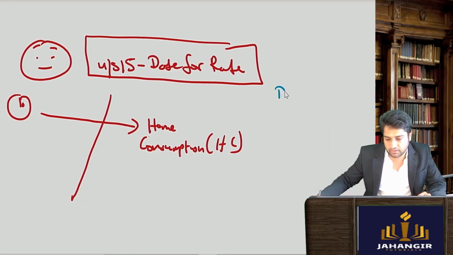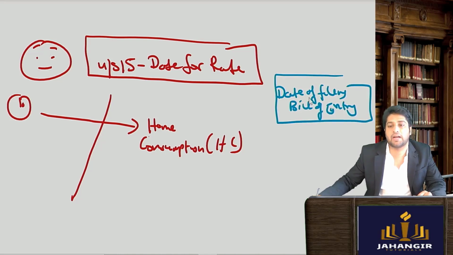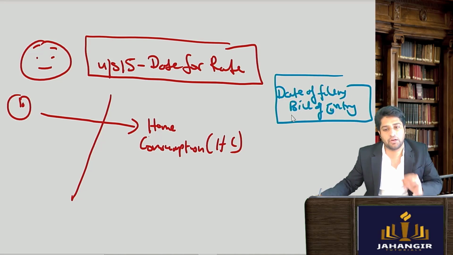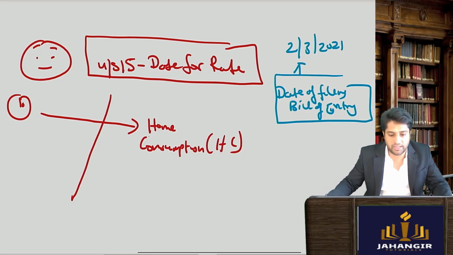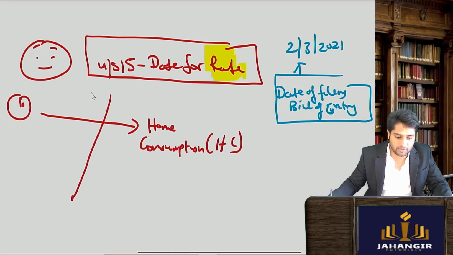the date of filing the bill of entry. The rate applicable on the date of filing the bill of entry, say it was 2 March 2021. On this date of filing the bill of entry, what was the rate of customs duty? The moment you entered India you must have filed a bill of entry.